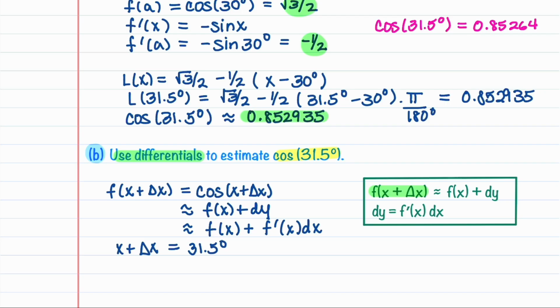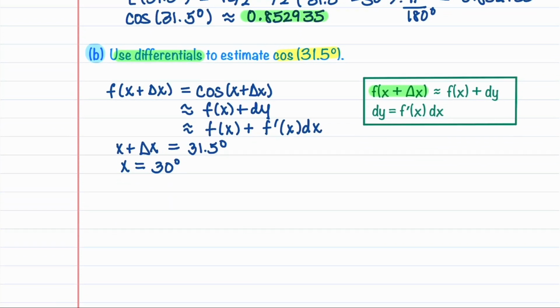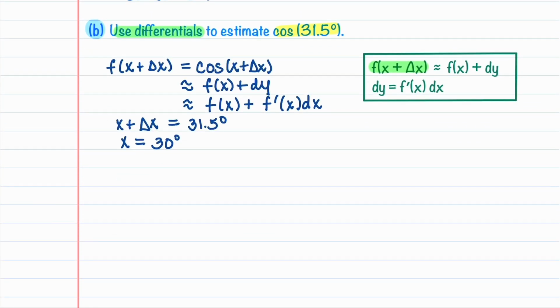X plus delta x is going to be the angle that we're given, and that is 31.5 degrees. And then x is a nearby angle with a known cosine value, and that is going to be 30 degrees. What we need to do now is we need to find f of x and f prime at x.